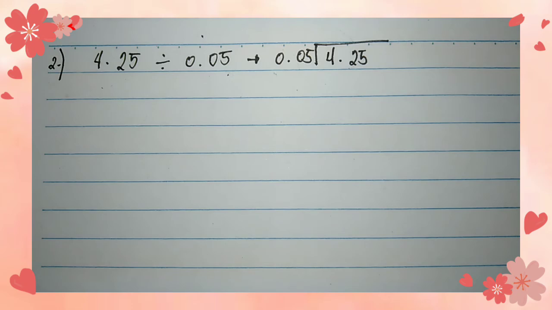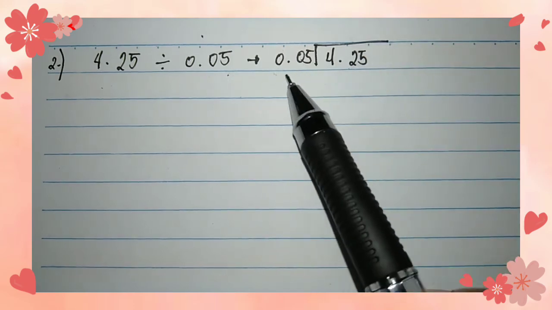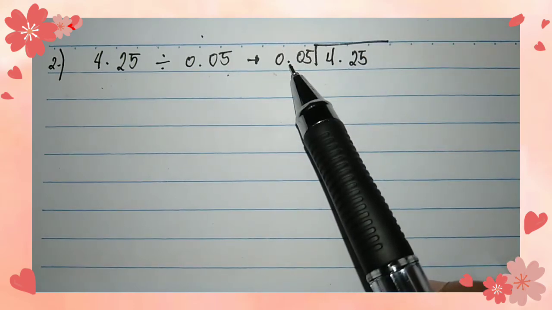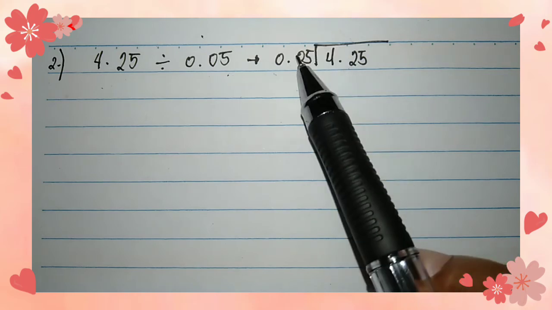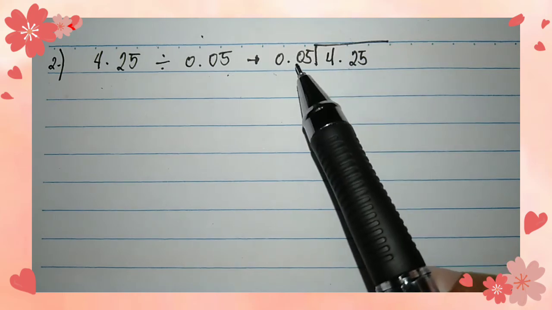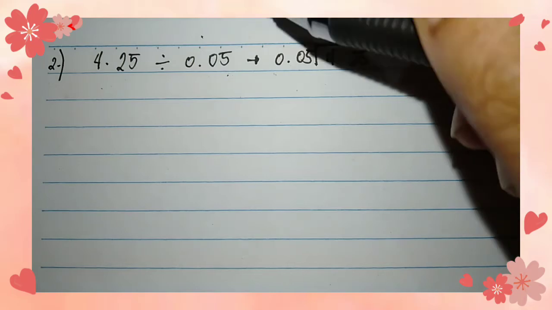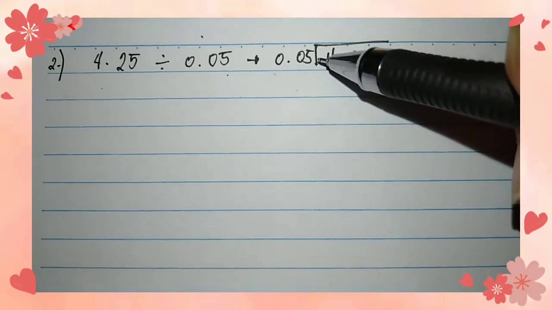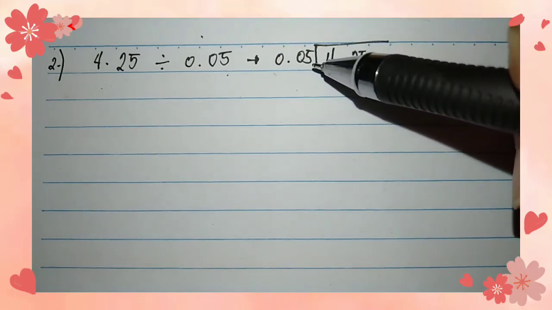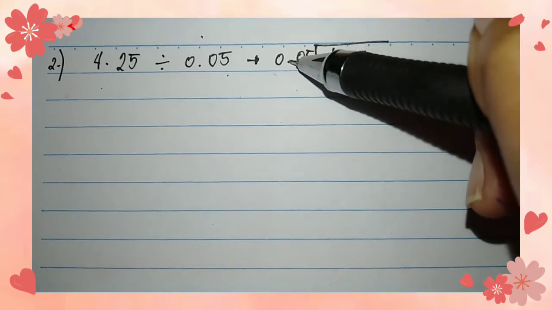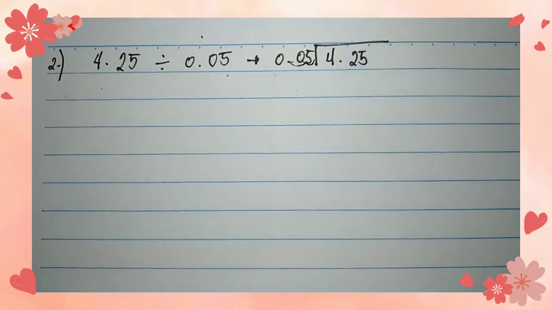And then the first thing to do is to make a divisor a whole number. Okay? Gagawin nating whole number itong ating divisor, di ba? So we have to move the decimal point until sa dulo, okay? Or left to right. So we have 1, 2. So nag-move tayo ng dalawang beses, okay? And naging whole number na siya.